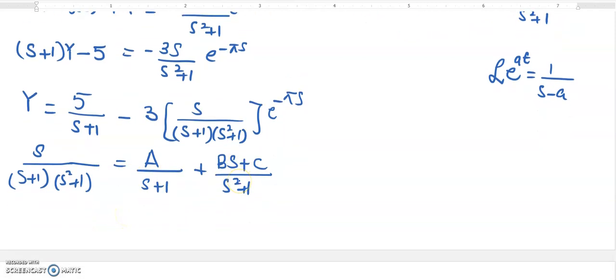Now we can write it by multiplying by s plus 1 and s square plus 1: A into s square plus 1 plus Bs plus C into s plus 1. Okay, we will continue this in the next video clip.